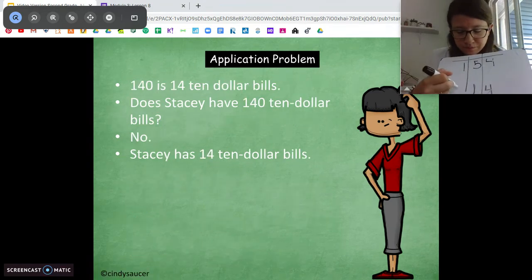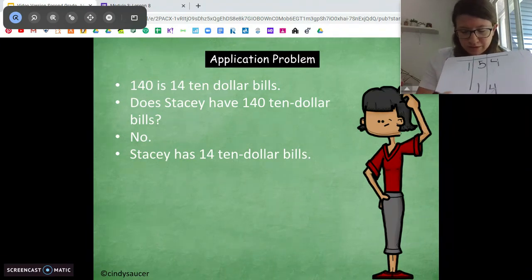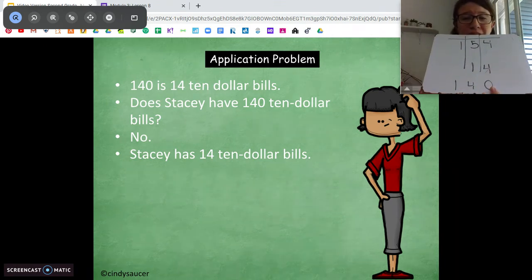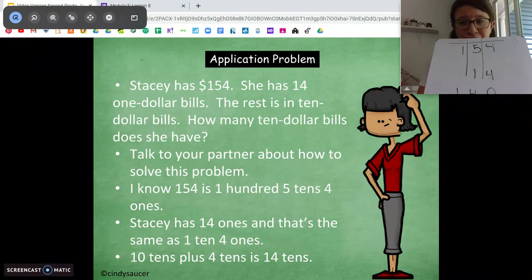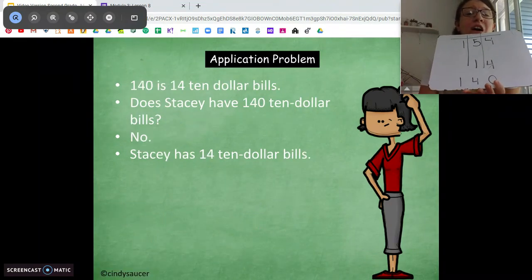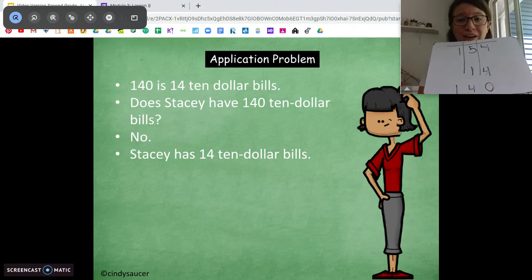So, right here, we need 4 more tens, and we still need 100. So we'll still need $140 in $10 bills, right? So 14 tens can also equal $140. So we still need $140. Does she have 140 $10 bills? No, right? What does she have? How many $10 bills?